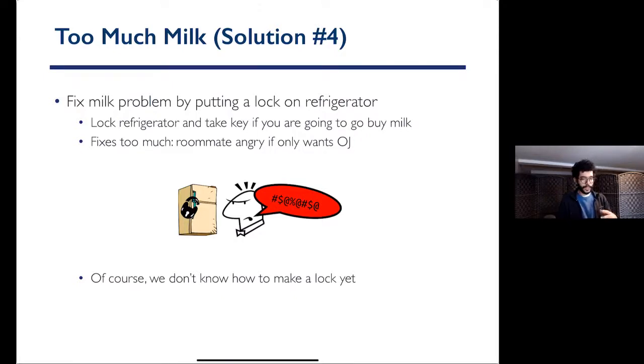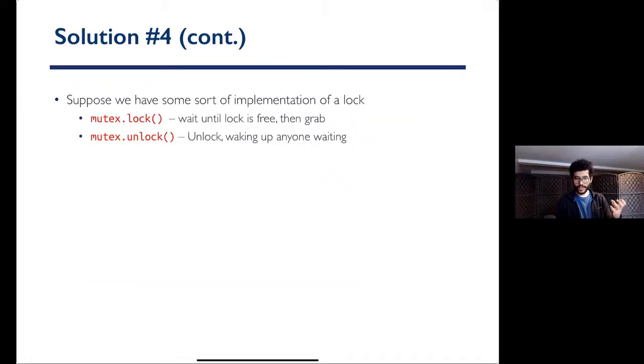So we're going to introduce this object that we're going to call a mutex. This mutex has two operations, a lock operation and an unlock operation. When you lock a mutex, nobody else can lock it. And if they want to lock it, they're going to be suspended. You lock a mutex.